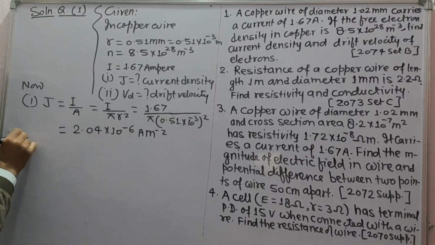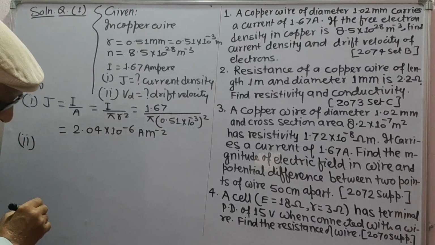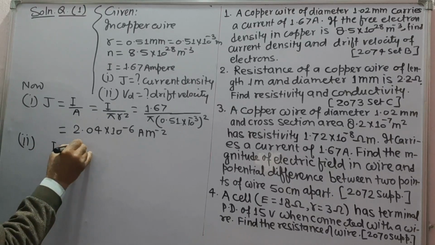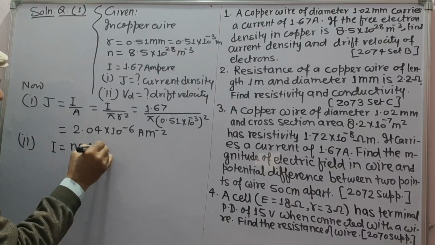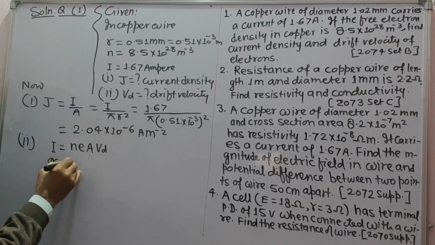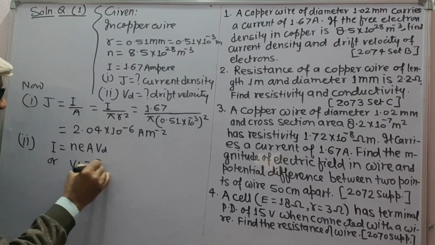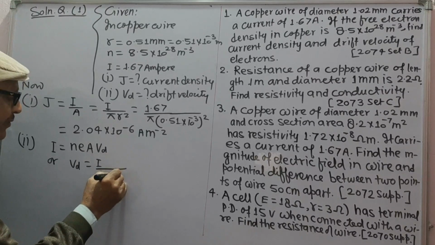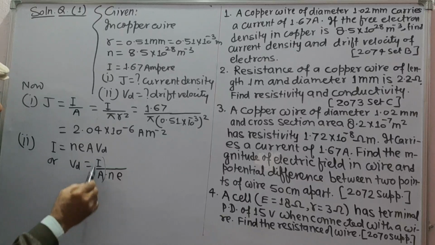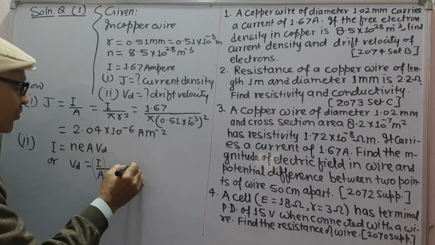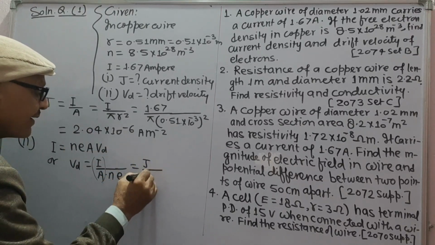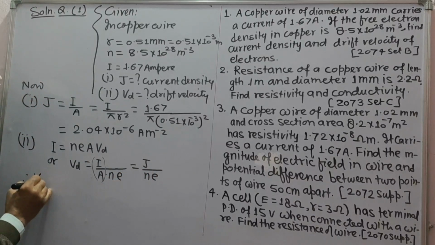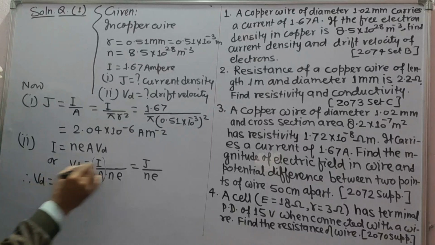Now second part, I is equal to n e A into Vd, or Vd will be equal to I upon A into n into e. I upon A is J, so it can be written as J upon n into e. Values are known, therefore Vd will be equal to J upon n e.